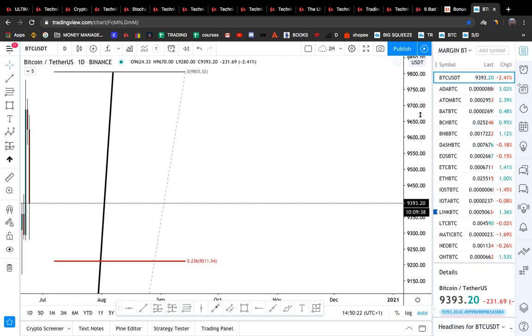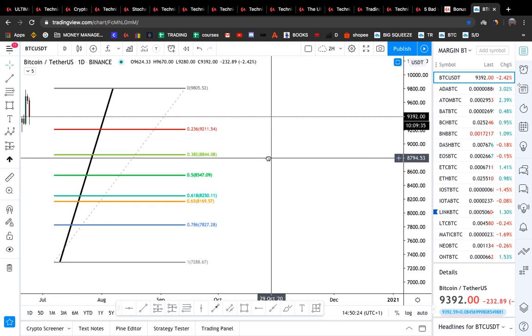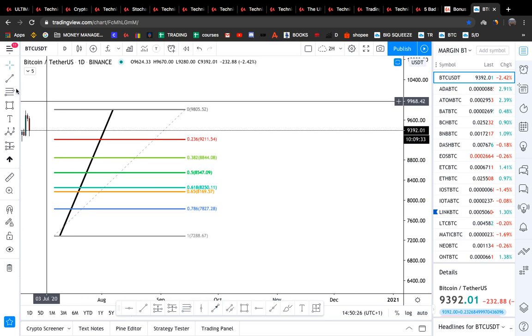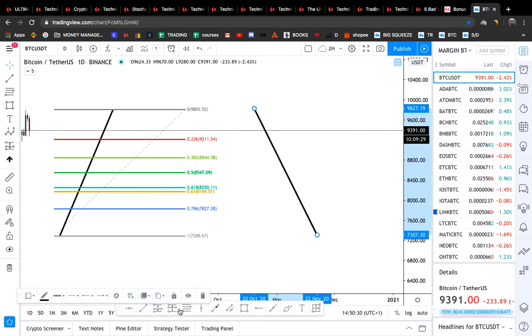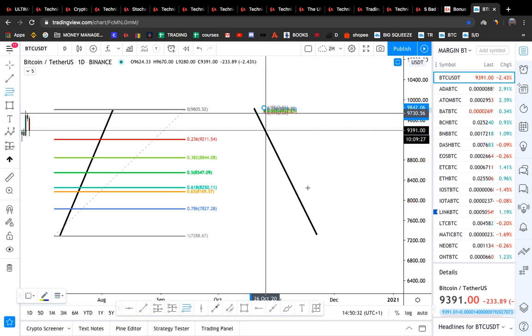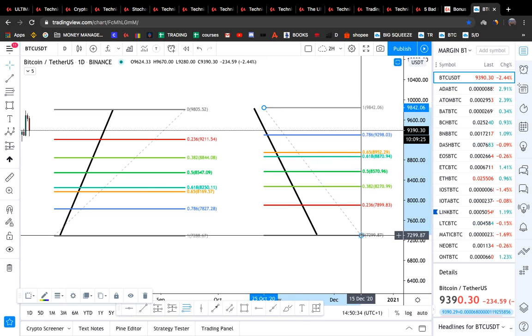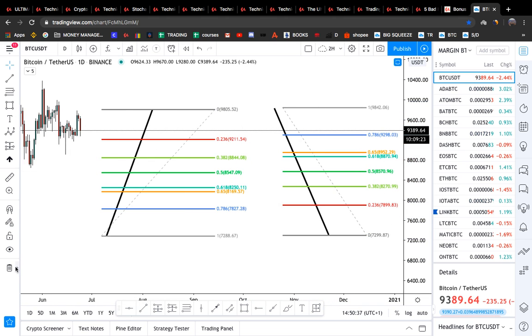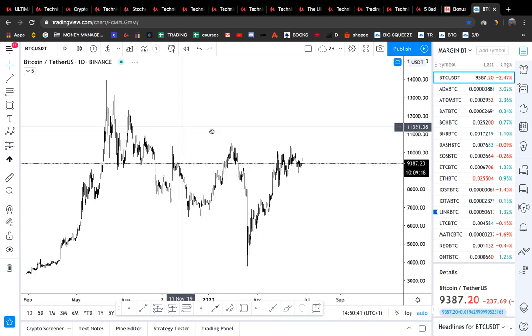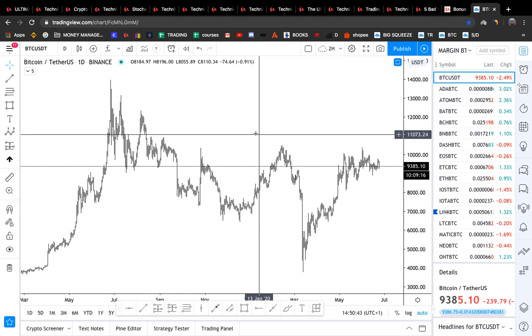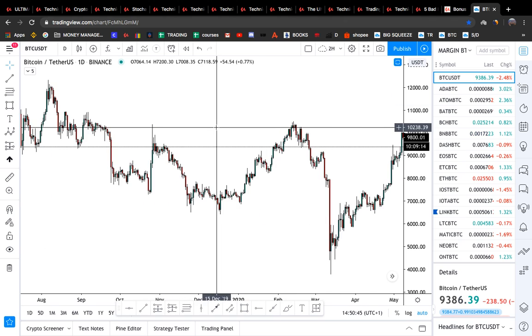And if you have a move down, you will draw it from top to bottom. This is how you draw the fib levels. Let's go through a few more examples and then I'm gonna cut this video because probably it's getting too long already.